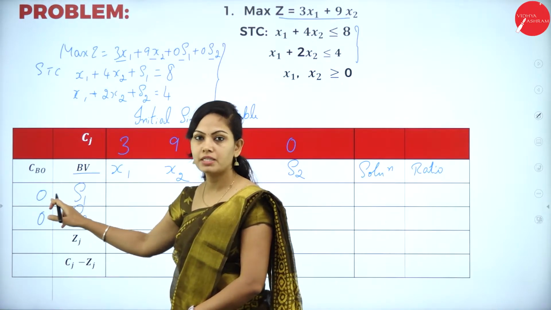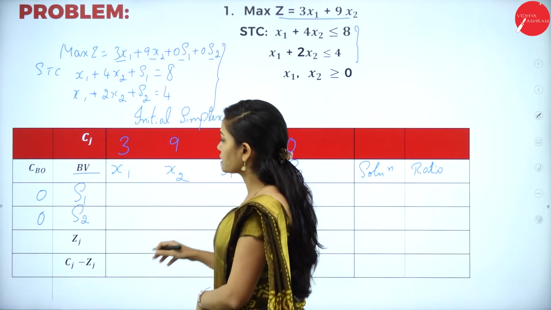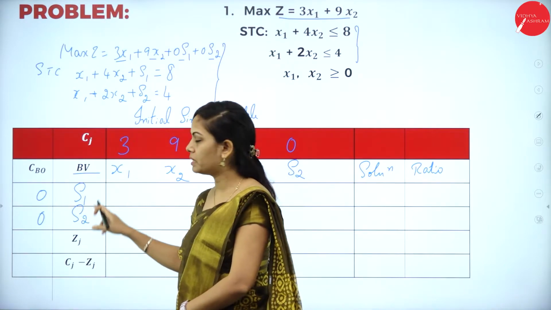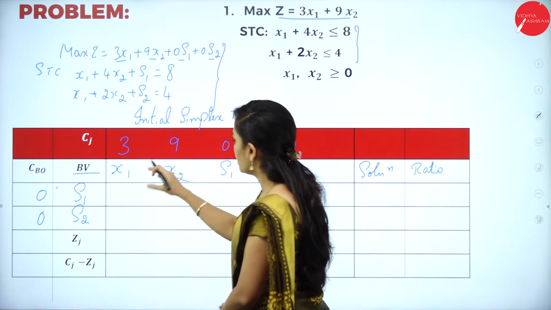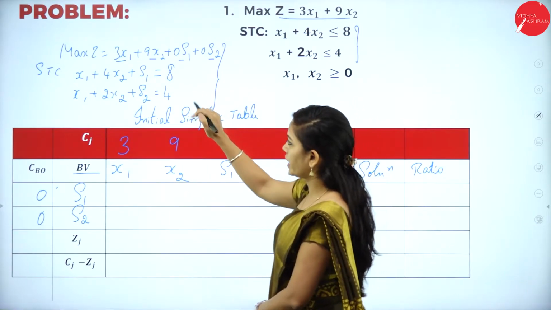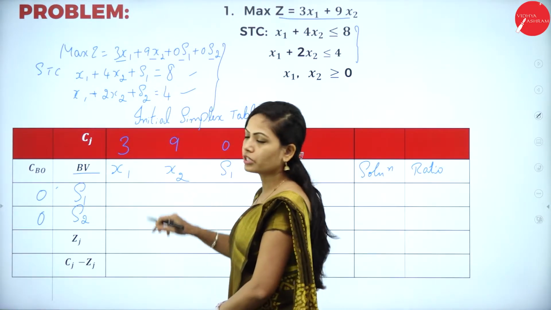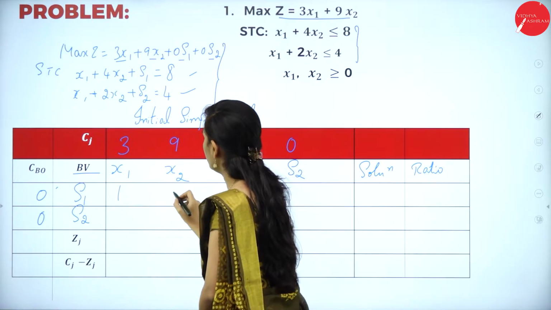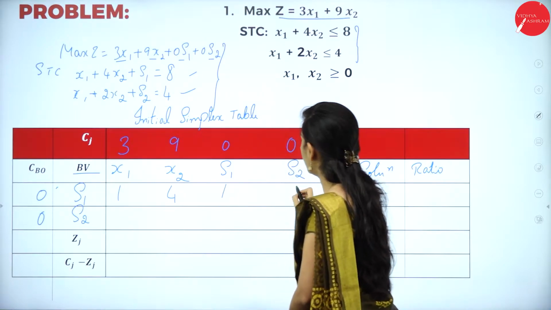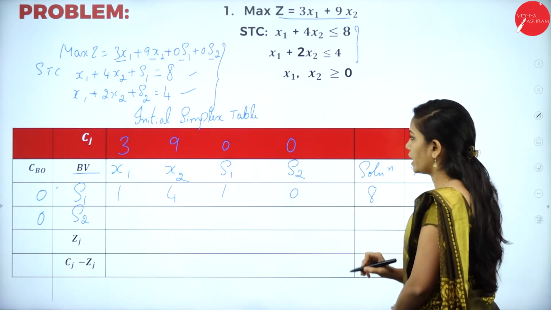So in the simplex method, you have to add the slack variables S1 and S2, with coefficients 0 and 0. And in this place, you have to write the coefficients of equation number 1 and equation number 2. So the x1 coefficient in equation number 1 is 1, 4, S1 is there, S2 is not there, solution is 8.